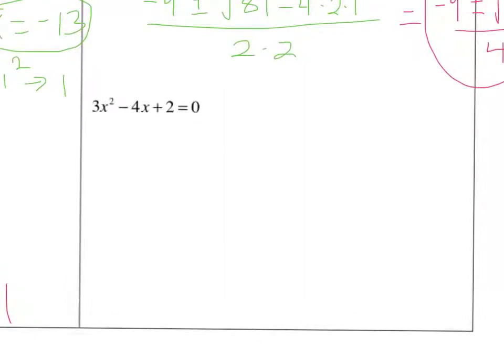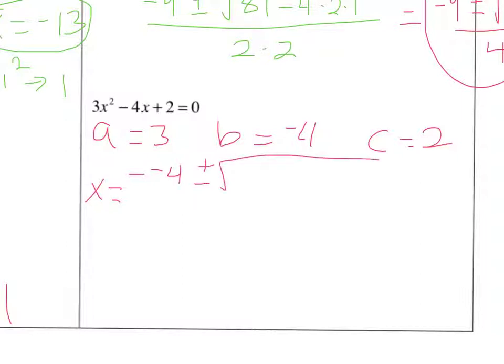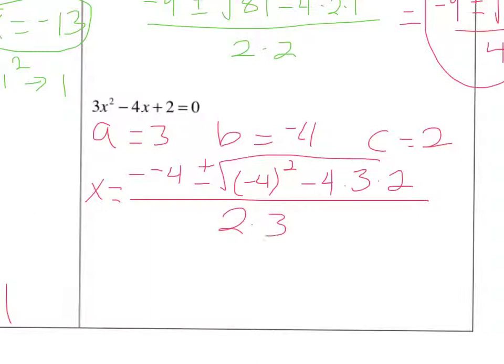Next problem. My A is going to be 3, B is going to be negative 4, and C is going to be 2. I'm going to use x equals negative b, so negative negative 4, plus or minus the square root, b squared, so negative 4 quantity squared, minus 4 times a is 3, times c is 2, all over 2 times a is 3.